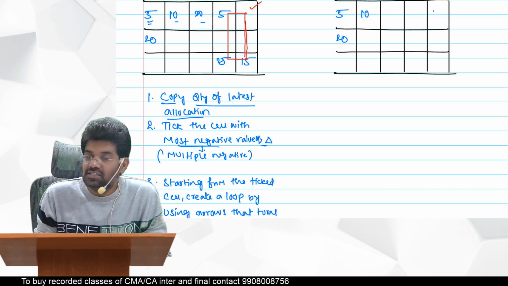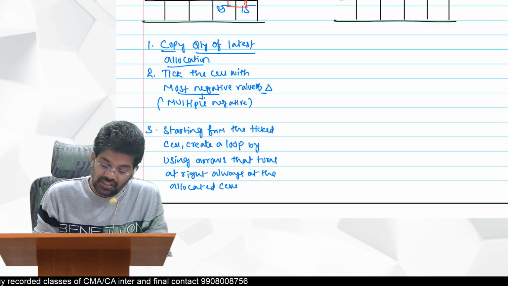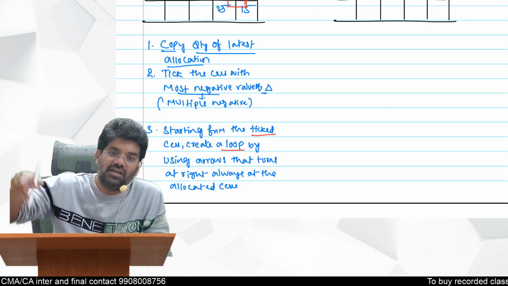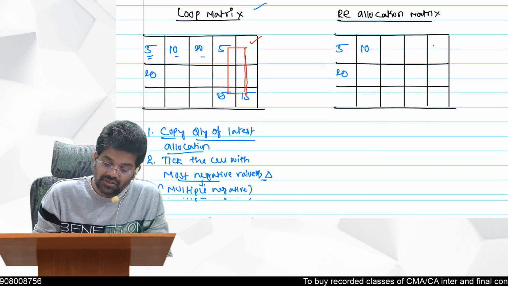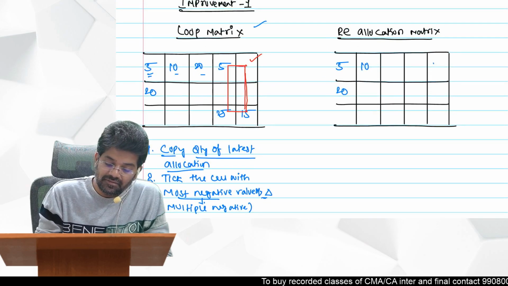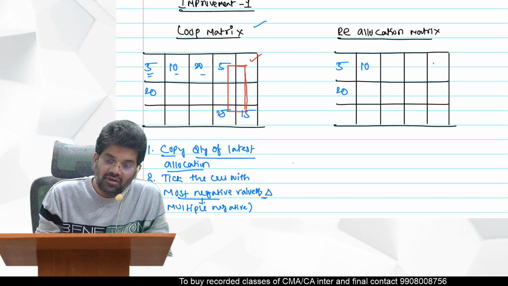All conditions are satisfied. What is the condition? Starting from the ticked cell, create a loop. Loop means from wherever you are starting, again you should come back there by using arrows that turn at right angles, always at the allocated cells. So wherever you are turning, see this turn, here you should have allocation. Always there should be an allocation.